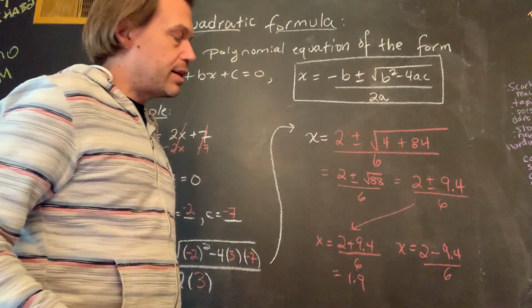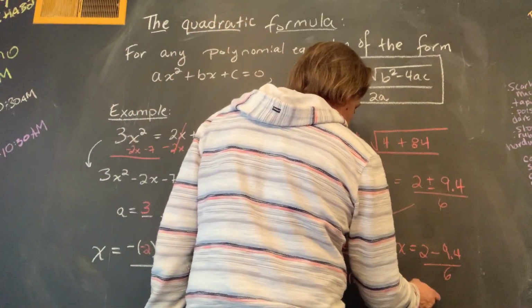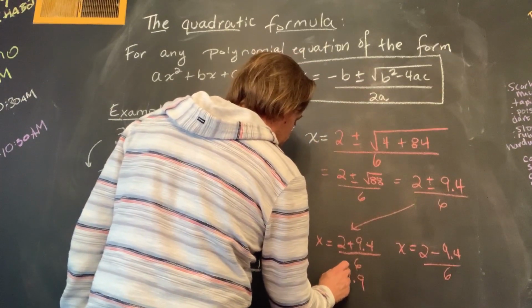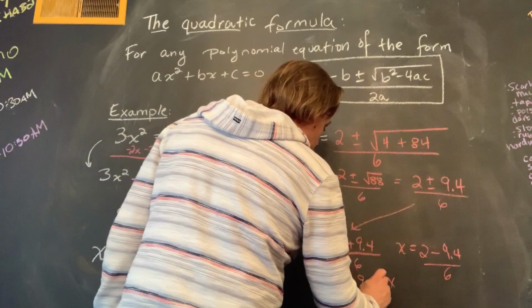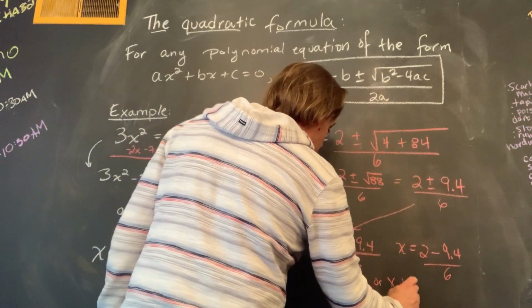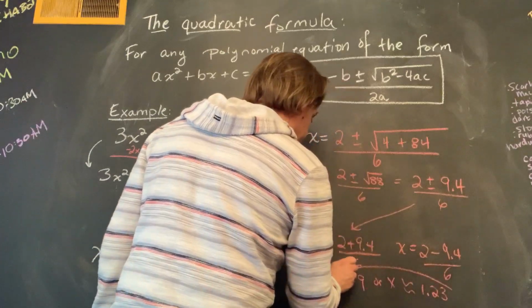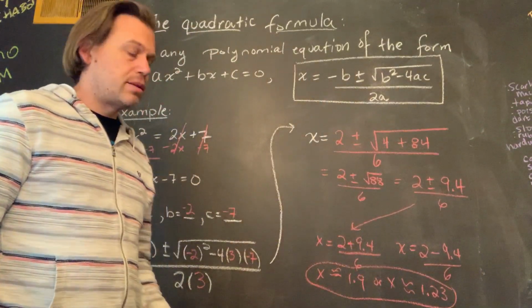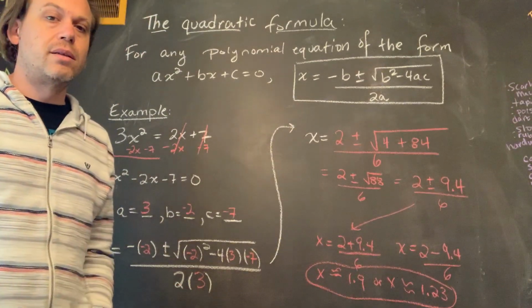Divide that by 6, I get negative 1.23, or just negative 1.2. So let's put approximately equal to that. Squiggly lines. And those are my two answers, 1.9 or 1.23.